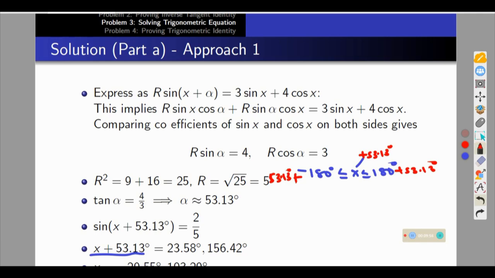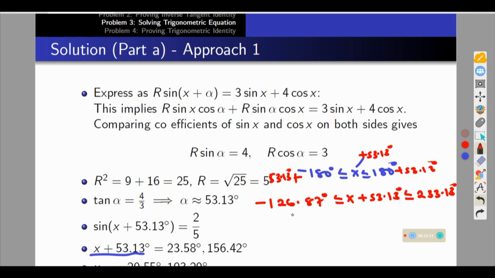So the given range will be -126.87 degrees, less than or equal to x plus 53.13 degrees, less than or equal to 233.13 degrees.